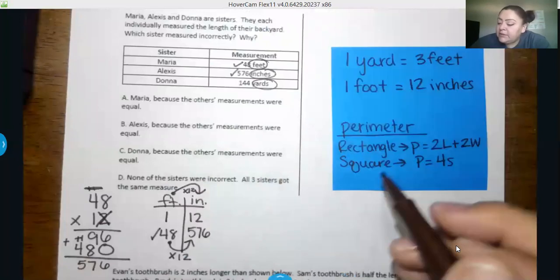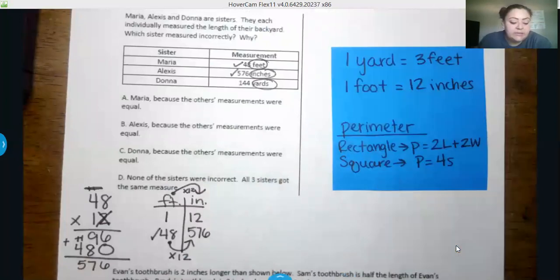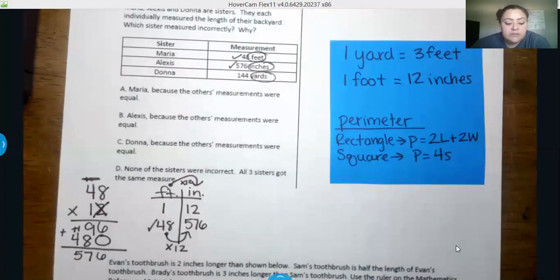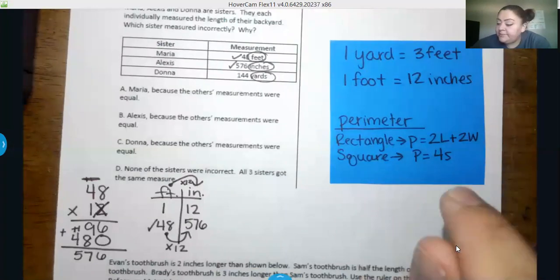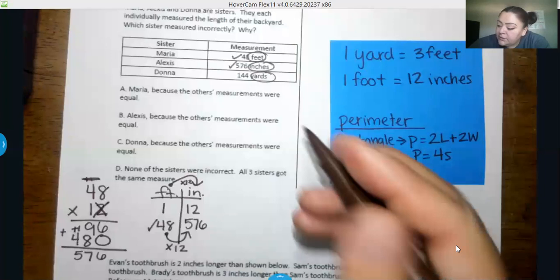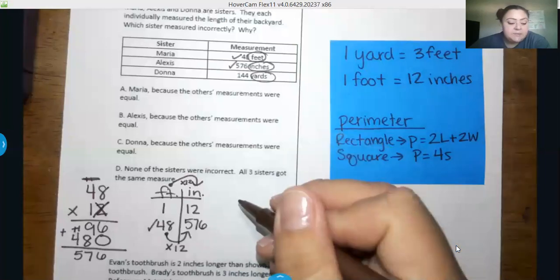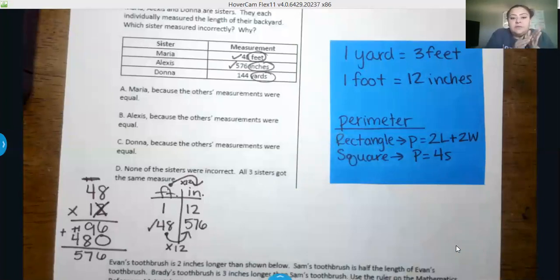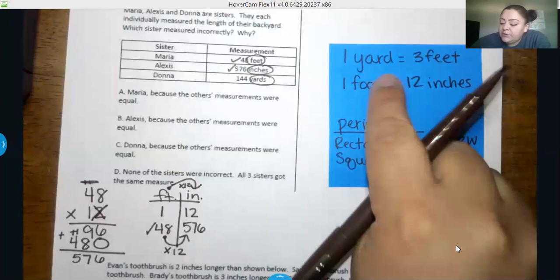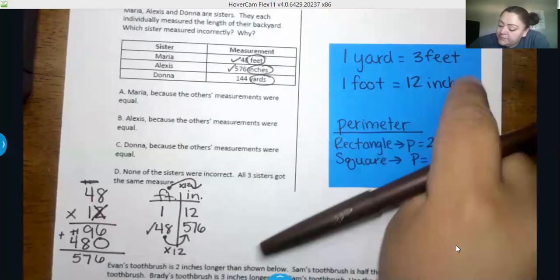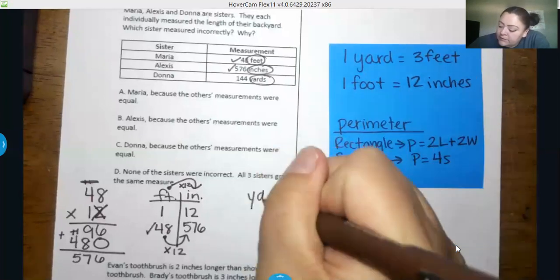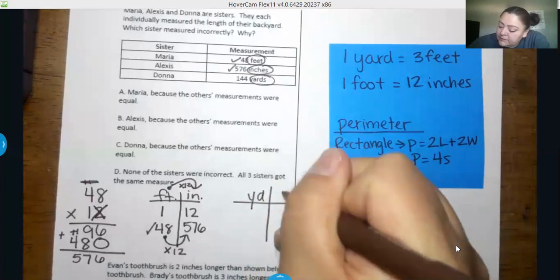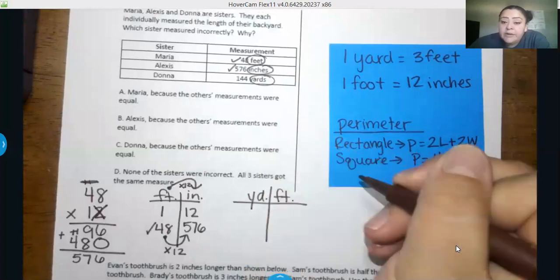So the next thing I'm going to do is look into yards and feet. The reason is because when I'm trying to look at yards and inches, there's a whole bunch of mixture between them. So I'm going to go to the next two that are together, which is why I'm doing yards and feet. So yards, feet. 1 yard equals 3 feet.